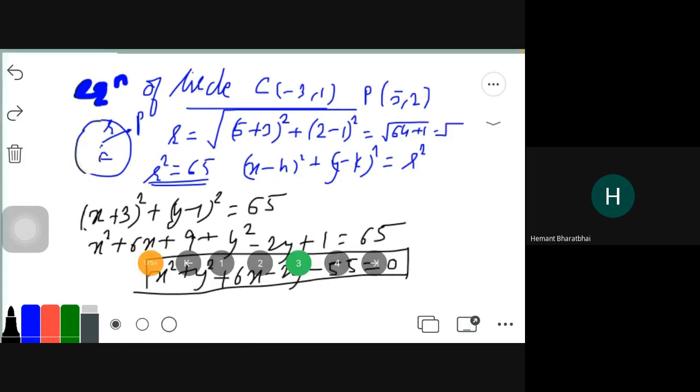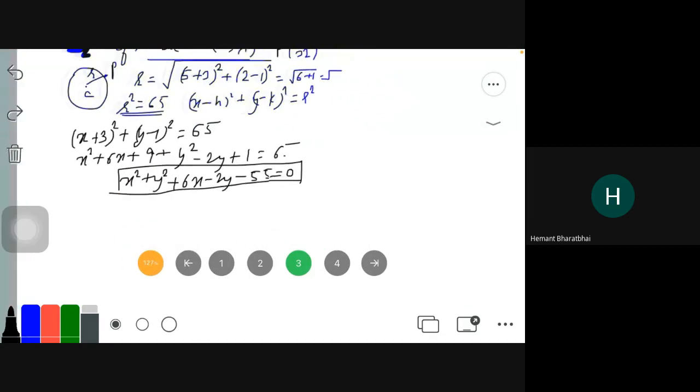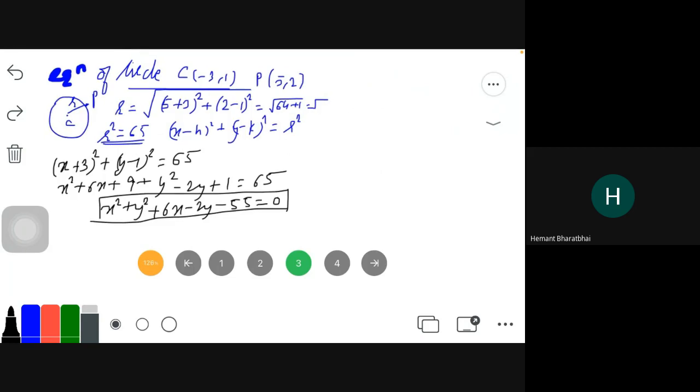So in the question, we were asked to find the equation of the circle whose center was at (minus 3, 1) and which passes through the point (5, 2). Now if you see, this is the equation of the circle, but not the standard equation.